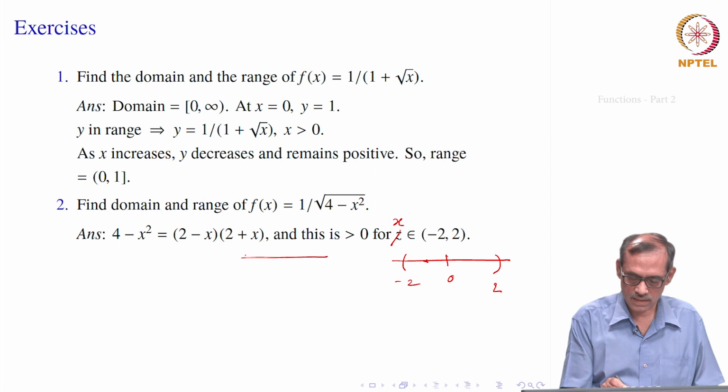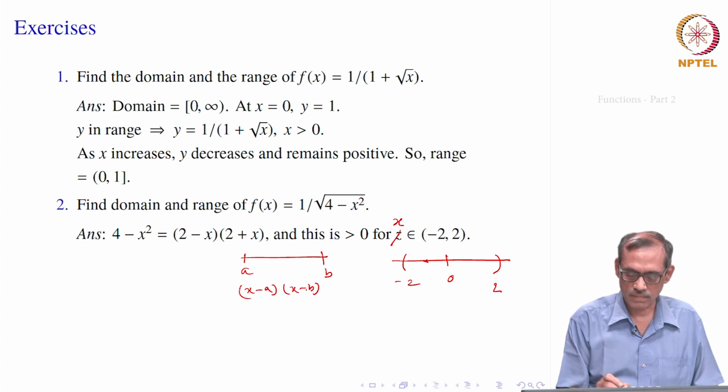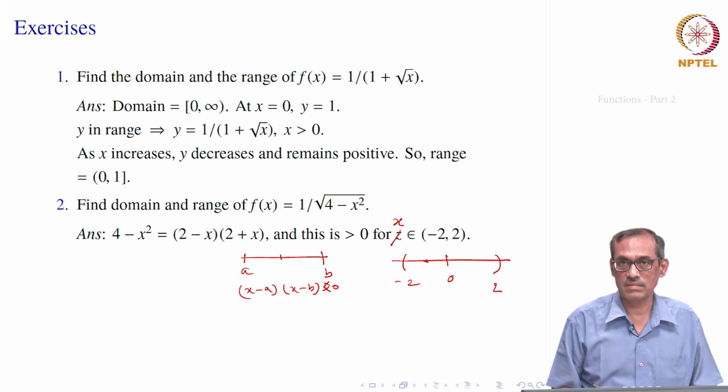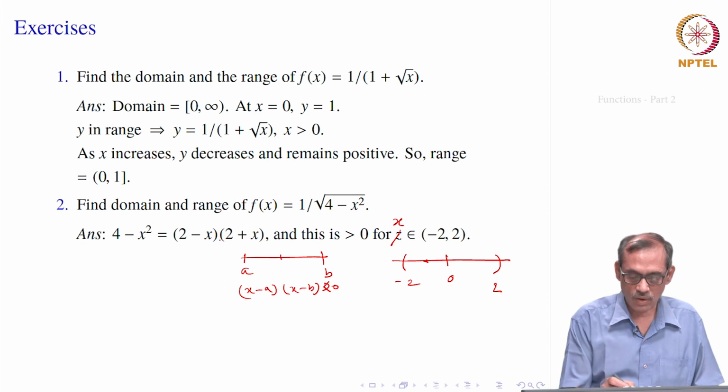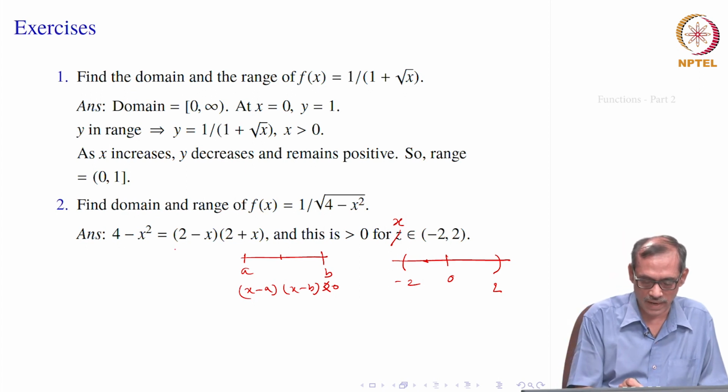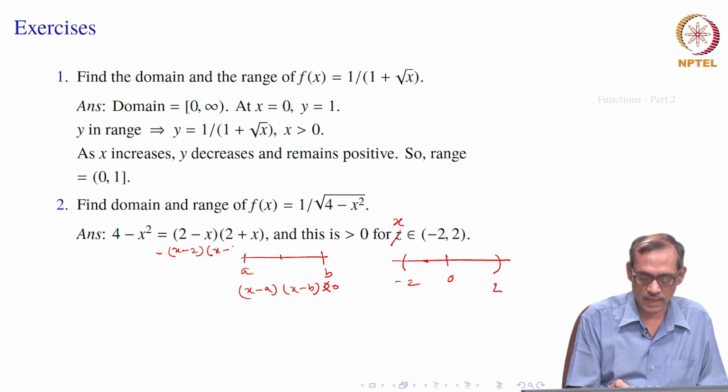If you take two numbers a and b, you see (x − a) into (x − b) will be positive once x is outside, because x − a is positive and x − b is positive, but if it is inside, x − a is positive but x − b is negative, then you would get it to be less than 0. Now, using this same heuristic, you can write this as (x − 2) with a negative sign into (x − (−2)).